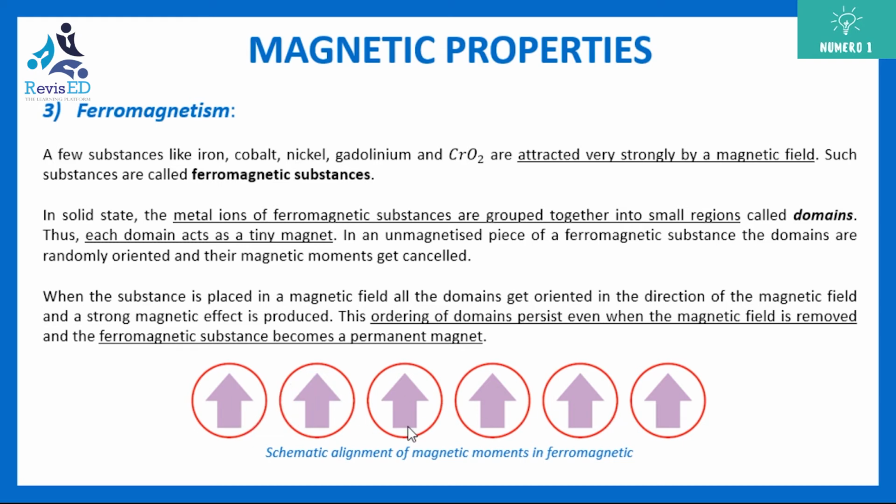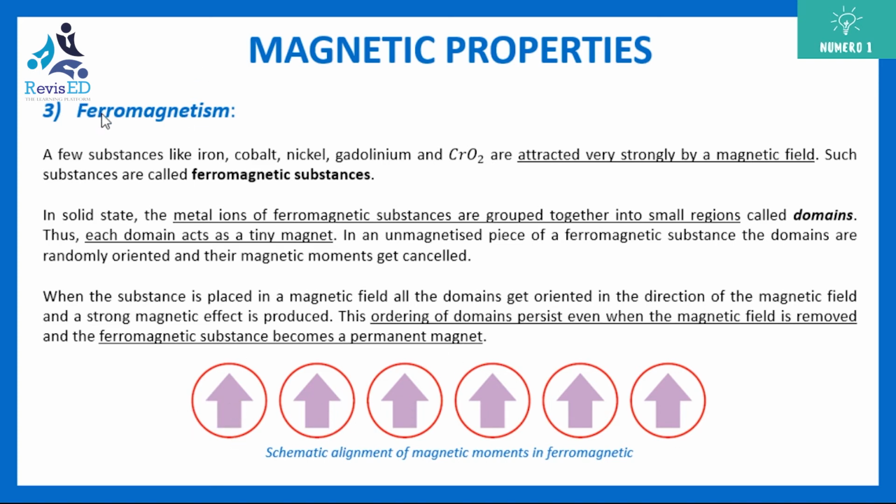They get oriented in one direction, let's say upward, and a strong magnetic effect is produced. Even if you remove your magnetic field, this effect stays. So ferromagnetic substances can be used to make permanent magnets. These are your domains, and even if you remove the magnetic field, they stay in the same way.